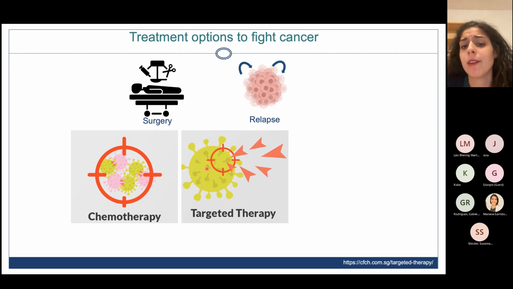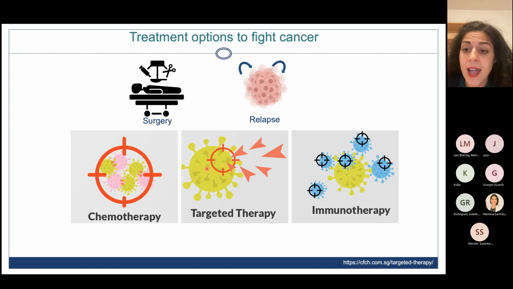In this case, you will have fewer side effects, but the problem is that the cancer cells evolve so quickly that you will have other molecular features that will not be targeted by this targeted therapy, and then you also have relapse.